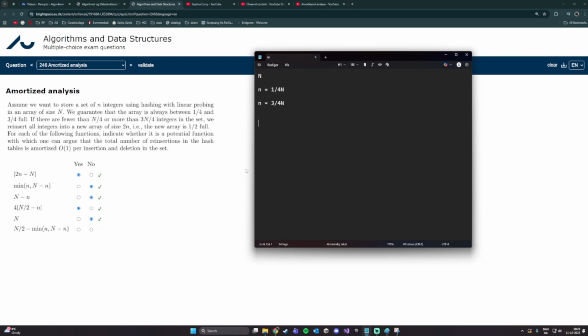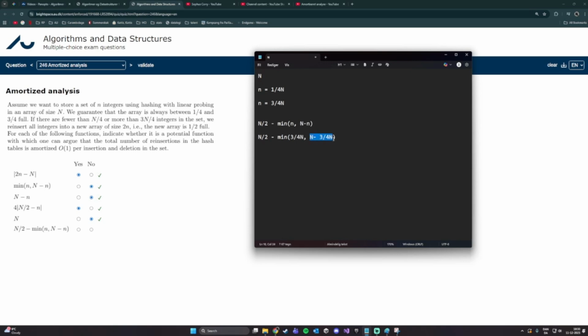So let's say you have n, half of n minus whichever is lower, n or n minus n. Okay, again we do the same thing. So this divided by 2, so that minus whichever is smaller, 3/4 n and n minus 3/4 n.